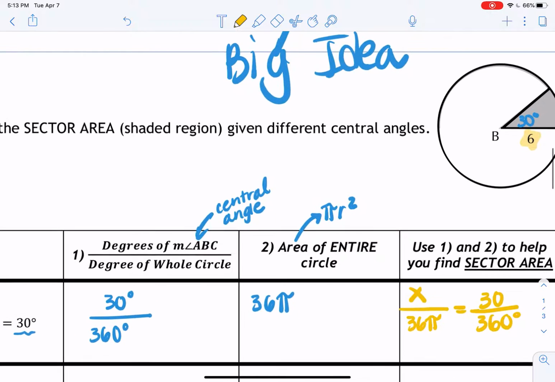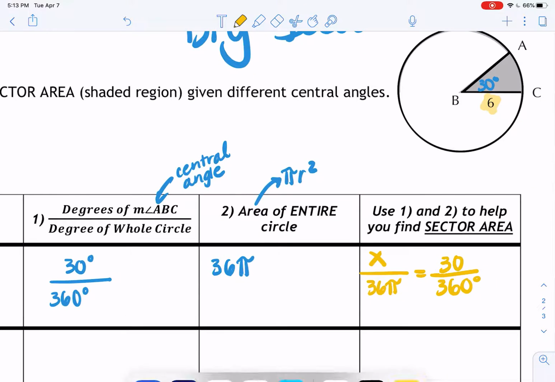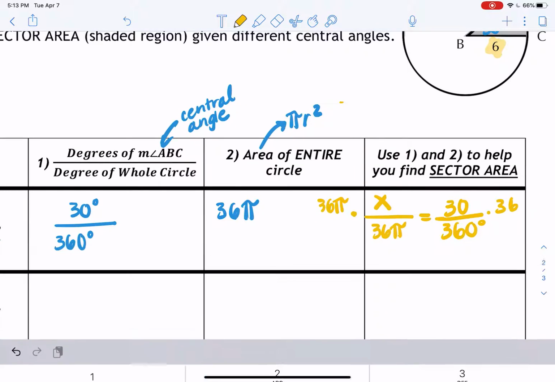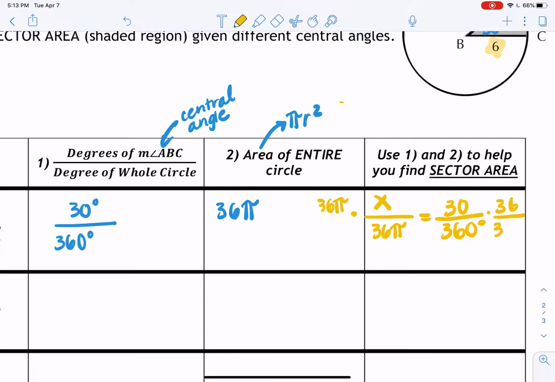And now here, we're going to want to undo, multiply by what we're dividing by to get our denominator out. So these cancel out, and we have x is equal to, and out here we're just going to use our calculators. That's fine.